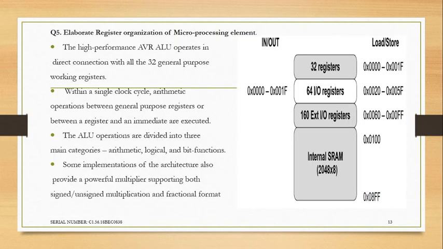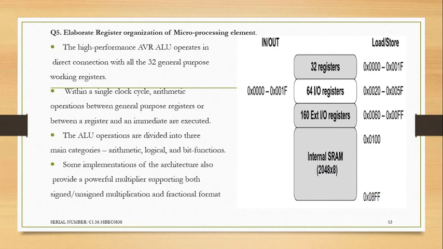Register organization, elaborating register organization. There are 32 general purpose registers, 64 input output registers, 160 extended input output registers, and internal RAM of 2048 by 8. This leads to high performance. The AVR ALU operates in direct connection with all 32 general purpose working registers.